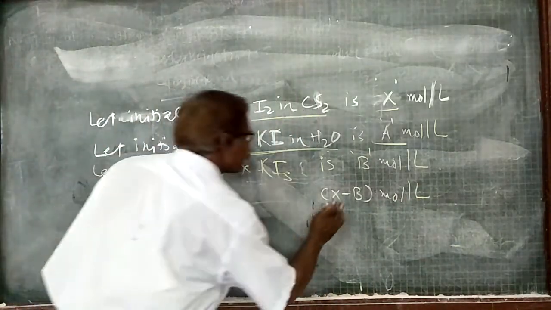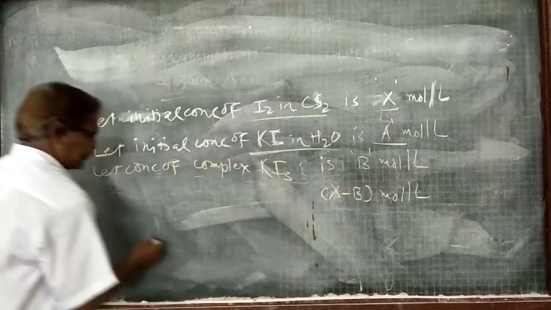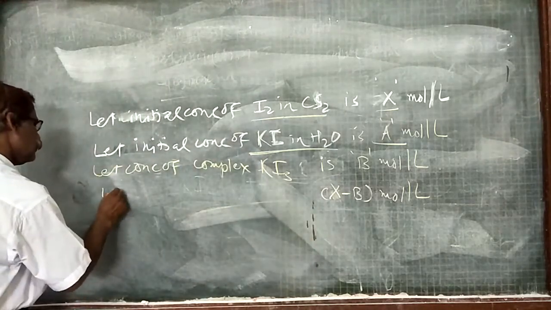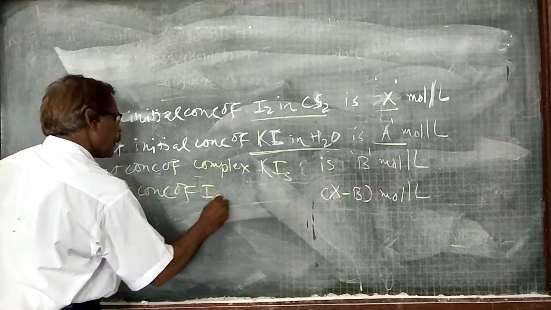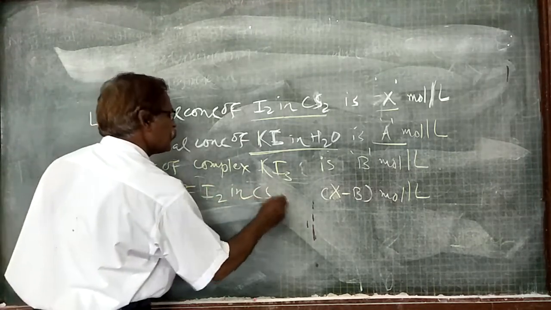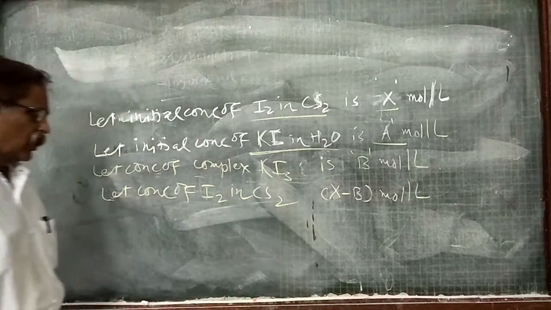So what is X minus B? X minus B will be equal to the concentration of iodine in the CS2 layer.